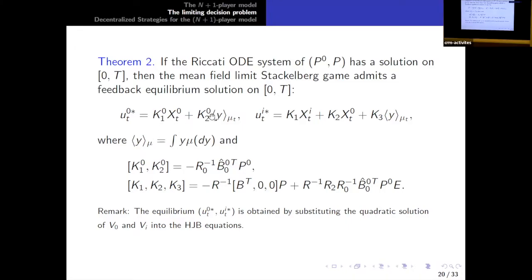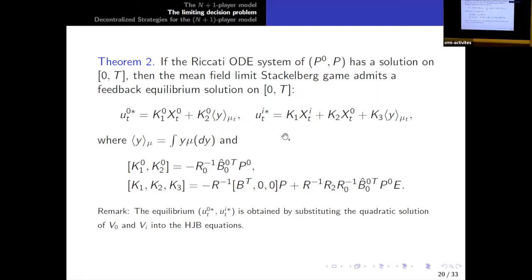In the calculation of the second term, we will use the mean field generated by the closed loop. So in the end, this mean field is a function of t.